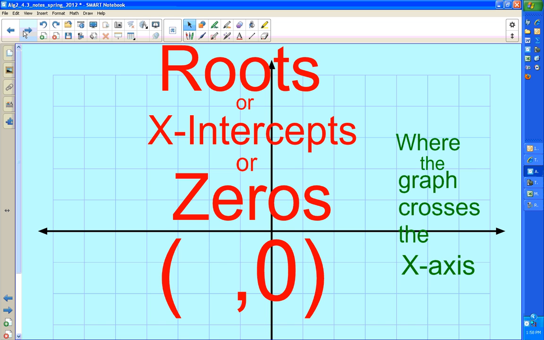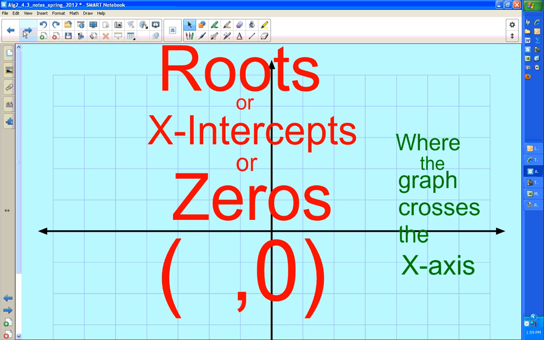X-intercepts means y is 0. What does a y-intercept mean? Zero, comma, something. It means that x is 0. X-intercepts means y is 0. Y-intercept, x is 0. We're not usually concerned about the y-intercept. That's not to say we can't find it. We're just not normally concerned.